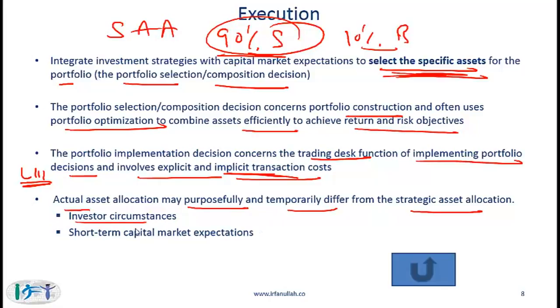One is related to investor circumstances, and I'll give you a silly little example. Let's say that 90-20 is your allocation and your client gets into an accident and is temporarily out of work, and we don't quite know how critical the situation is.